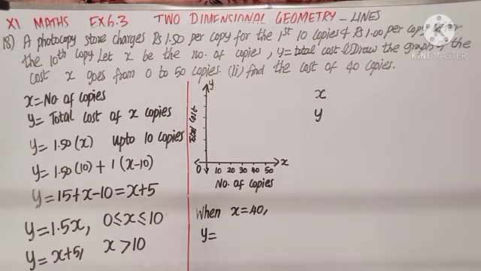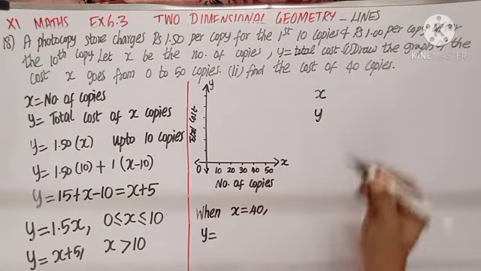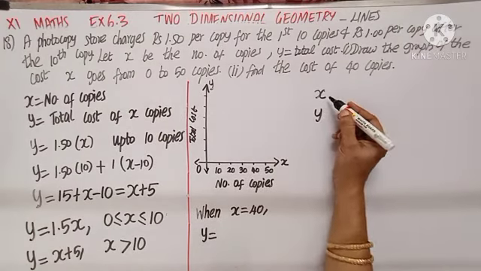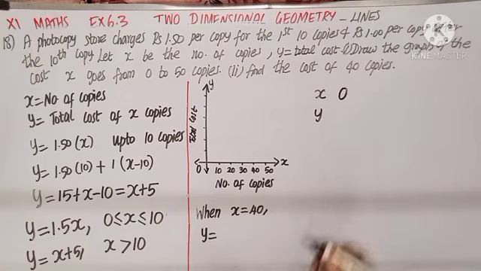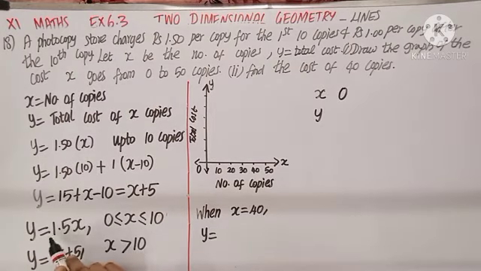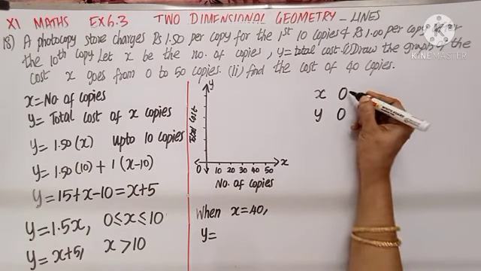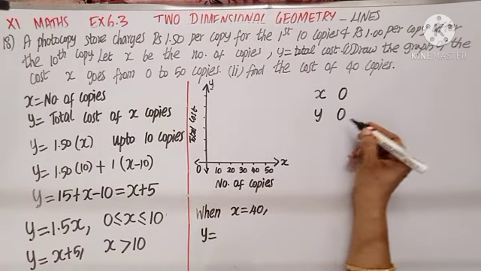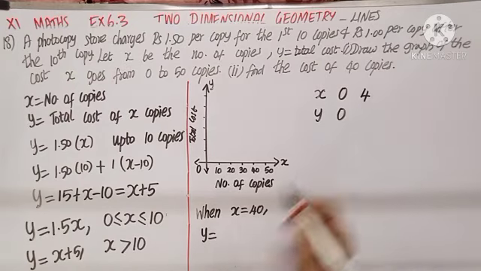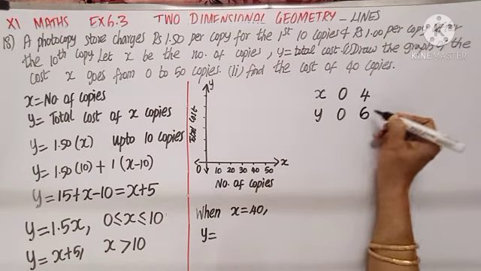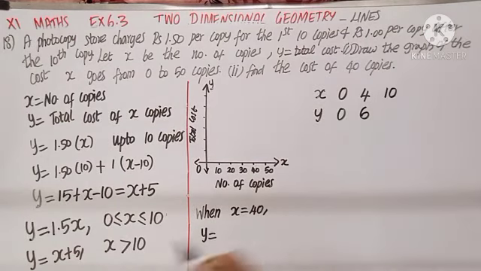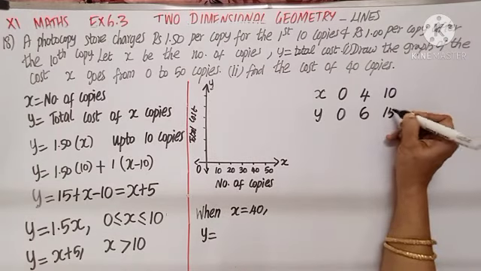Having known the function, let us find the graph of it, putting various values for X. When X is 0, 1.5 into 0 is 0, so no copies, no cost. Put X is 4, I get 4 into 1.5, that is 6. Put X is 10, it is 1.5 into 10, that is 15.